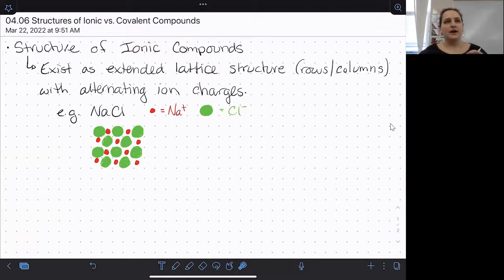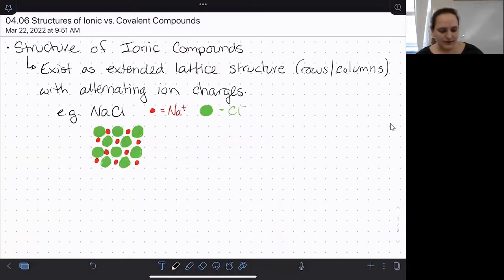There are some different 3-dimensional arrangements that are a little bit less straightforward alternation if you don't have a 1-to-1 ratio, but they generally follow this same principle of alternating charges as much as possible, maximizing those attractive interactions.